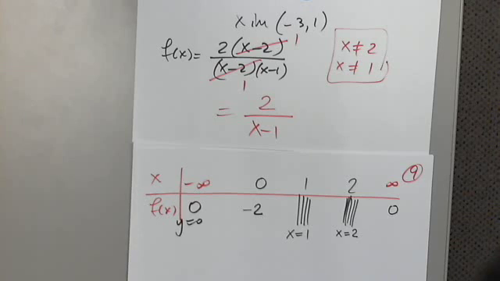What do you think? If the factor went away, what happens? The function is still undefined. I can't change that. Say it again. Open point. Hole in the graph.